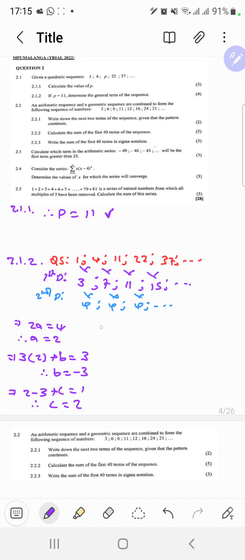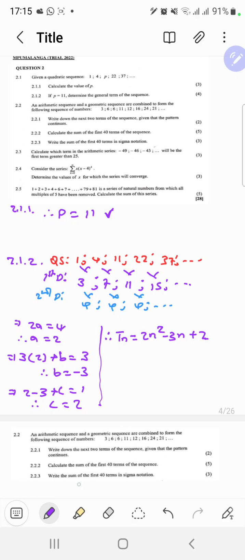Okay. So if we work through here, you can say therefore Tn is going to be 2n squared minus 3n plus 2. Okay, that's the answer that they wanted. And then you can double check here. How do you check?